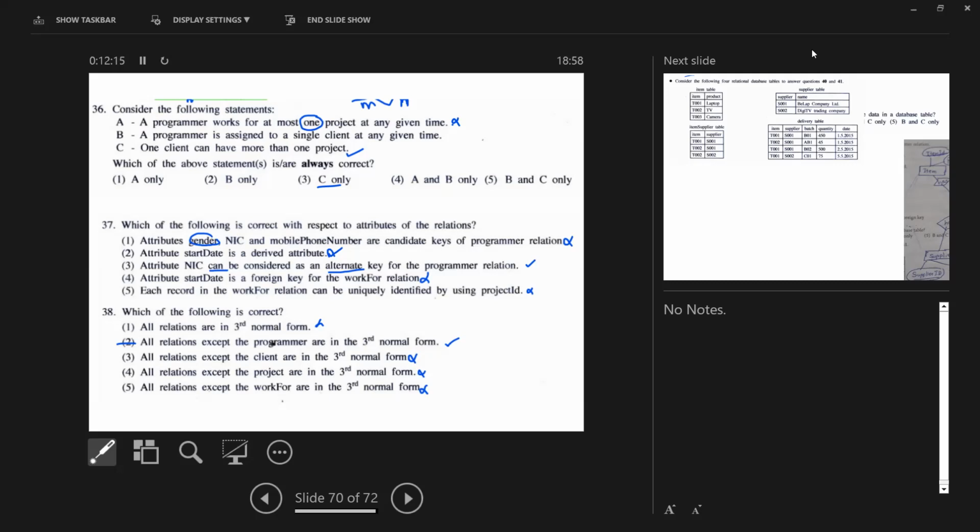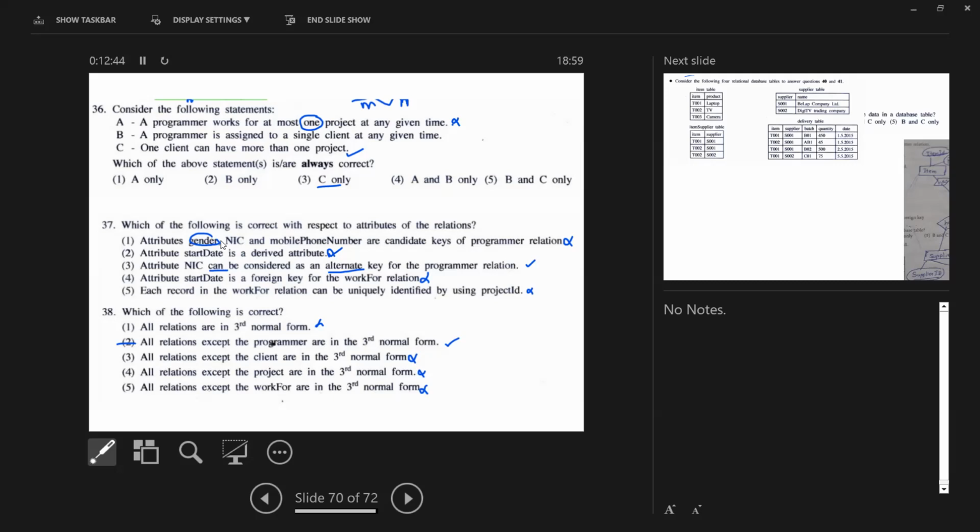It's duplicating according to the records. Therefore, we can't take gender as the candidate key. So the next one, attribute start date is a derived attribute. Is that derived? Derived attribute, example, age. Can you remember? The age was derived from the date of birth.